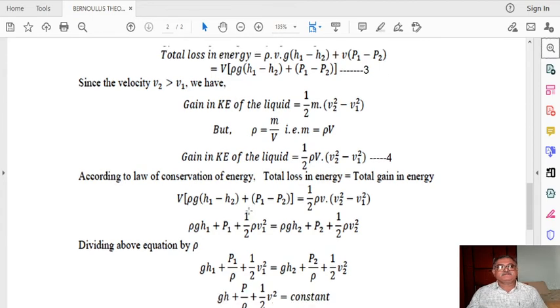Then we know the law of conservation of energy says that the total loss in energy equals the total gain in energy.